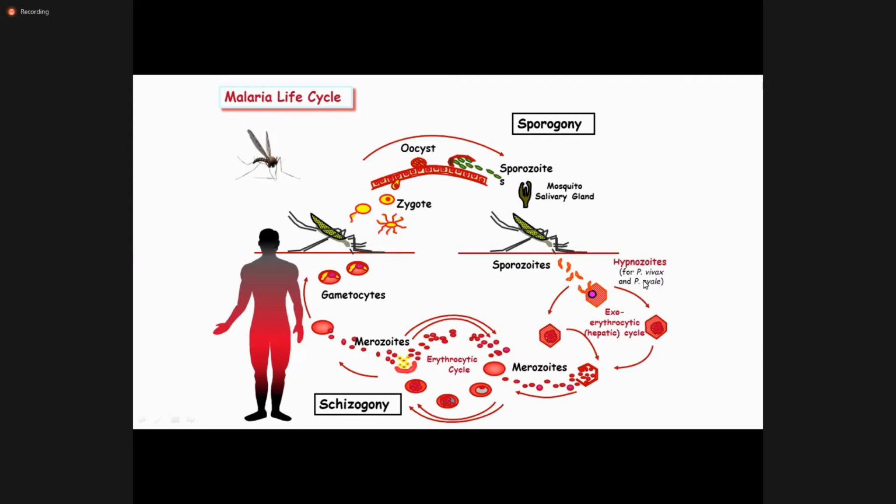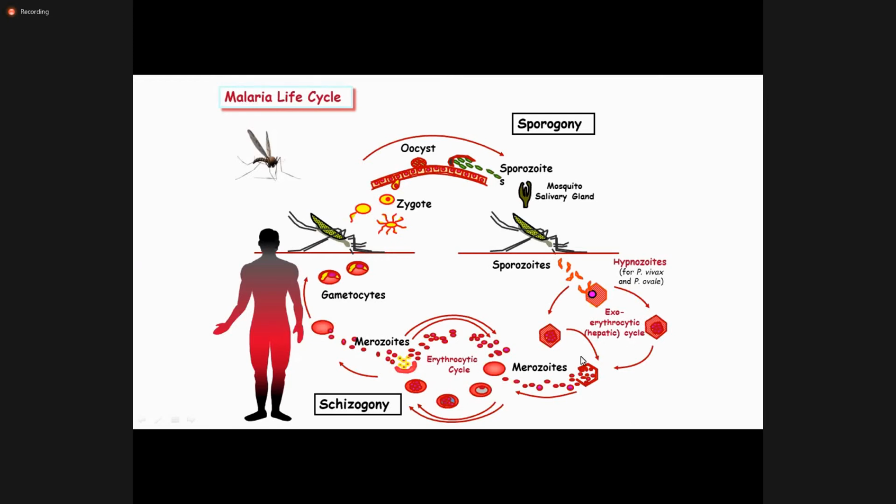So we have to focus on the drugs that kill these vivax and ovale forms, because they cause the recurrence of malaria, living in the hepatocytes.